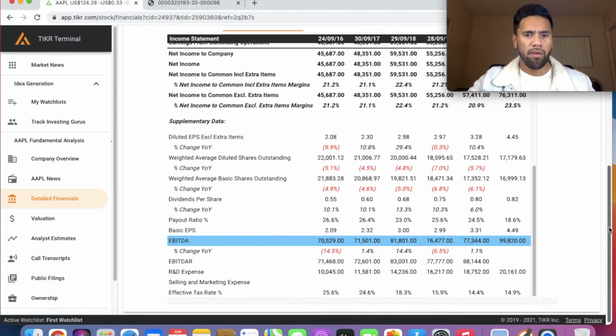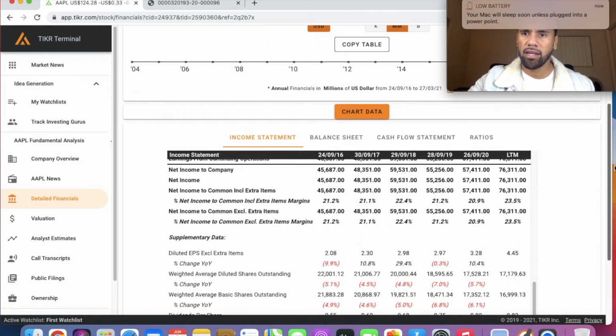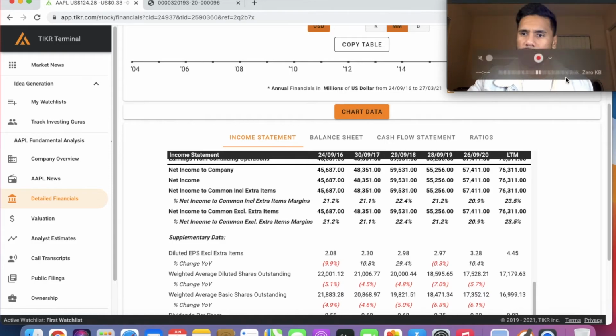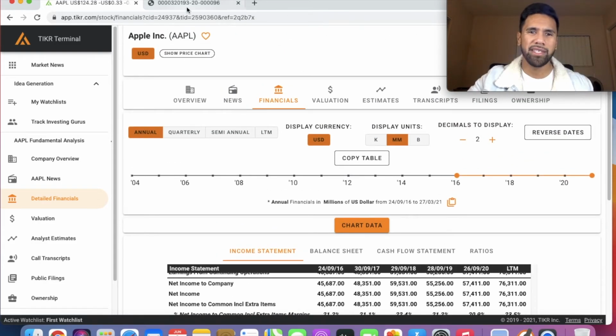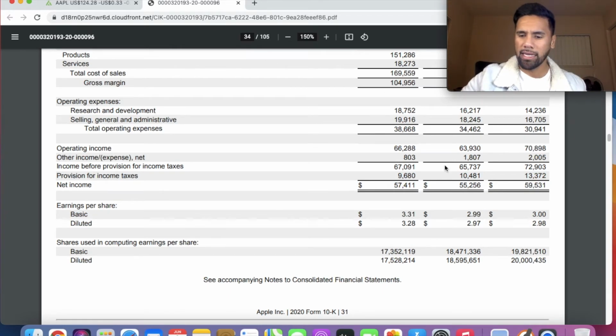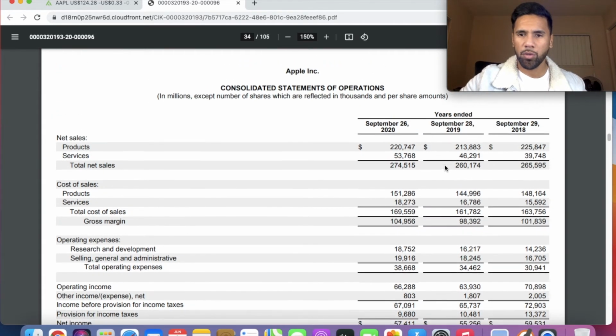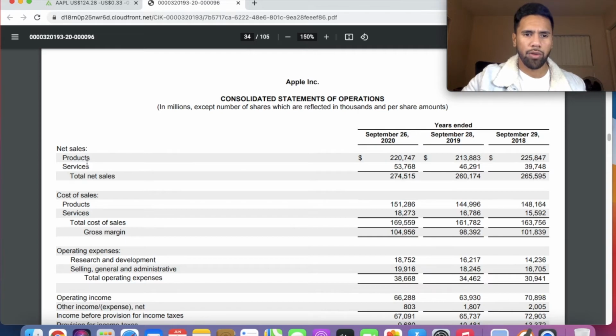But yeah, so that's basically the key things that I like to look at when looking at an income statement. Ooh, low battery, so we better hurry up. So, a quick summary: you've got your top line, your revenue. You want to make sure that number is growing.